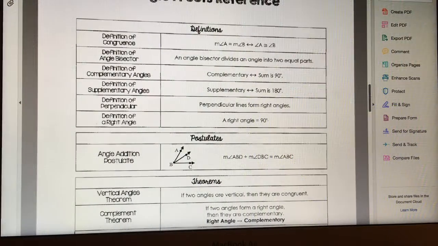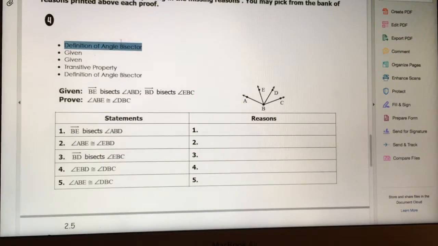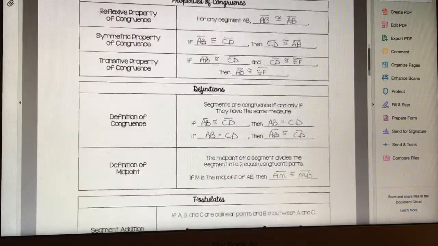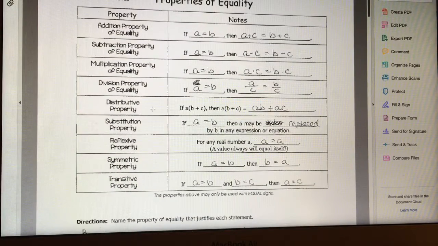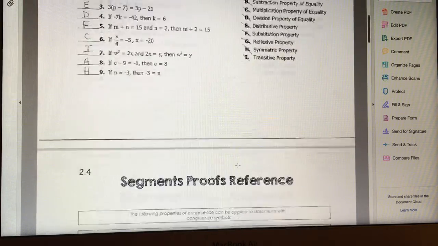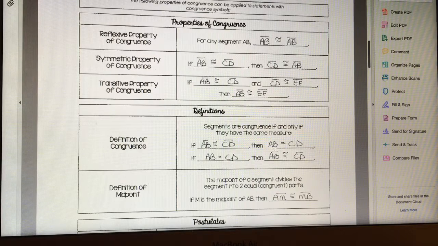Okay, so we also have givens. We know what those mean. Transitive property, recall, that is on our properties of equality. It allows us to say that if A equals B and B equals C, then we can jump straight from A equal to C. And there's also a transitive property of congruence as well. It works the exact same way.